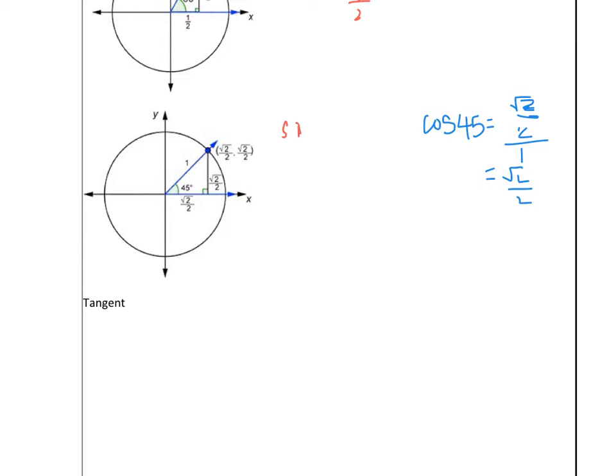Sine of 45, that's going to be opposite. So that's also root 2 over 2 divided by the hypotenuse, which is 1, and we get root 2 over 2. I love our 45-degree angles. They're so easy to remember because they're both square root of 2 over 2. You can't go wrong. So our cosine of 45 is root 2 over 2, and the sine of 45 is root 2 over 2.